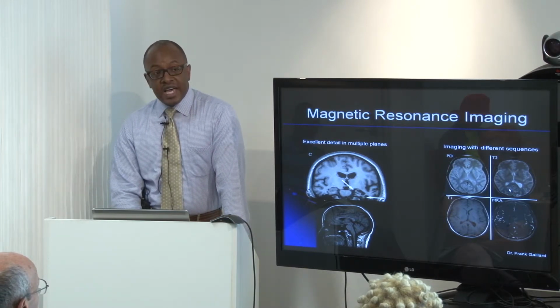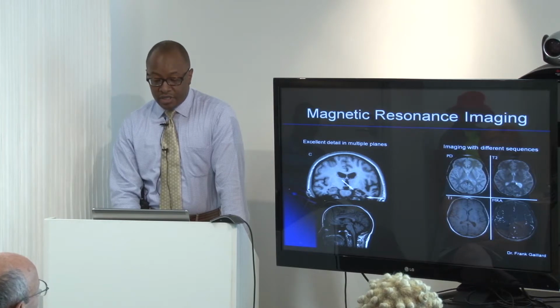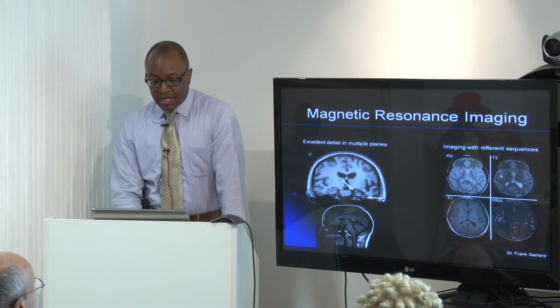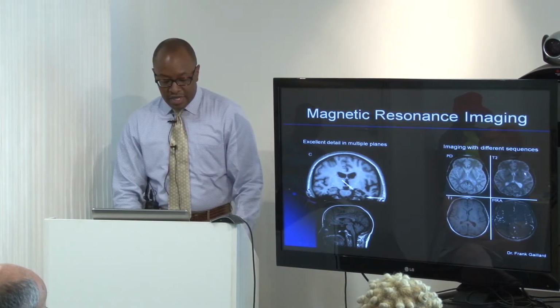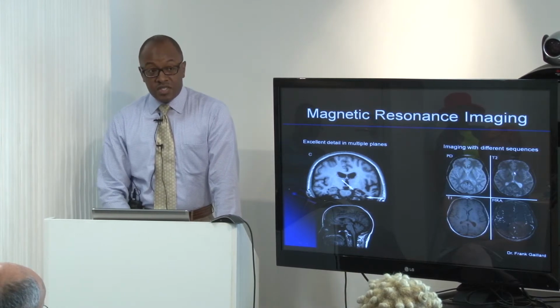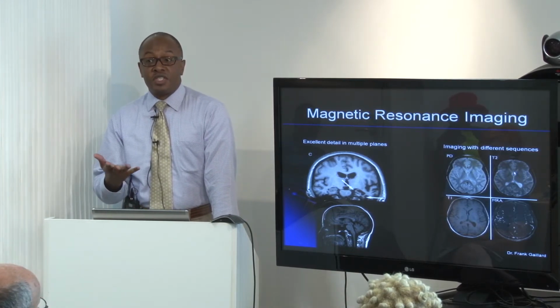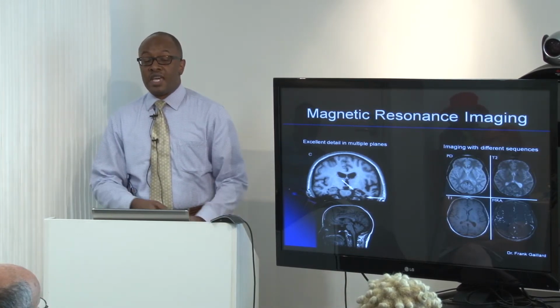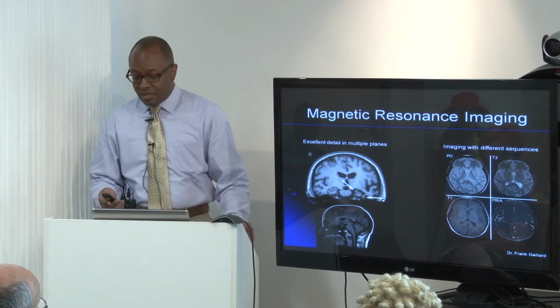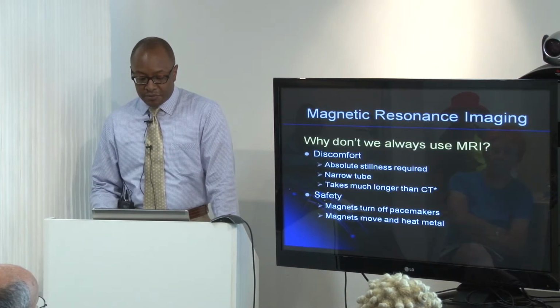If we want to emphasize fluid in the brain, then we do a T2 scan, and you can see now that these fluid-filled areas of the brain, the ventricles and the sulci, are white. So the MRI scanning allows us to actually emphasize different characteristics of tissue, where with the CT scan, density is it. That's the only thing that you can get information about.